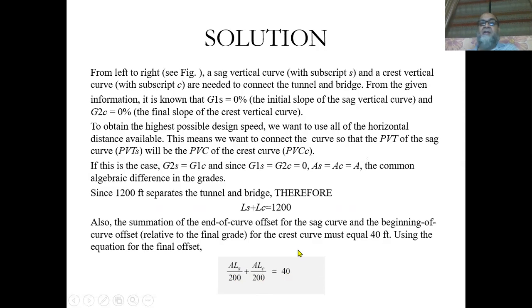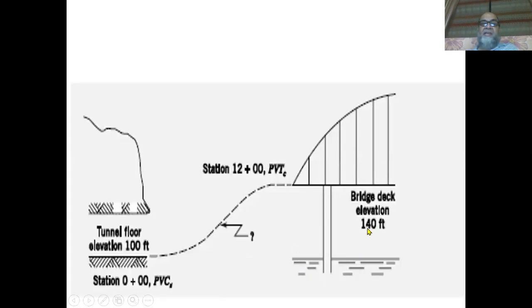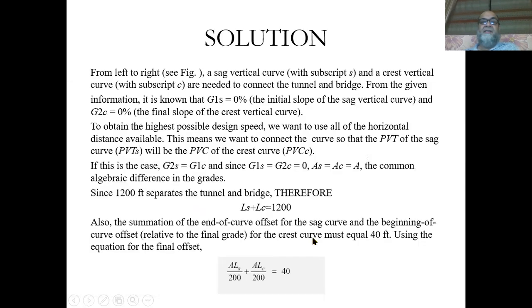Why 40? Because the elevation here is 140 and the elevation here is 100. So the difference in elevation between the tunnel floor and the bridge deck is simply 140 minus 100, that's 40 feet. And that's why I've written here AL over 200 plus ALC over 200 is equal to 40.